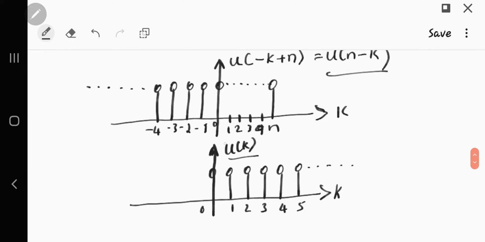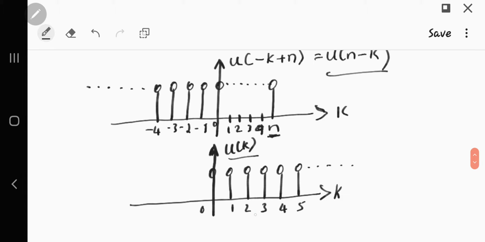Now coming to the values of k which are greater than 0, we have some samples here, but these samples will be present only till the value of n. Whatever value n takes, only those samples are present, and the remaining will be 0. After n there is nothing, it is completely 0. So from 0 to n only the signal exists in u of n minus k.